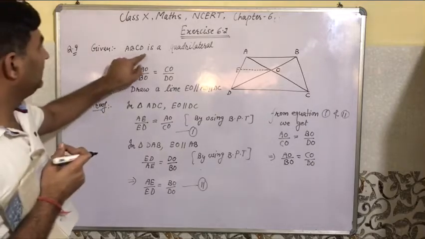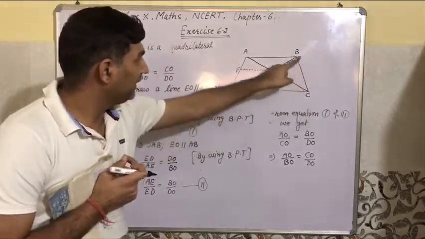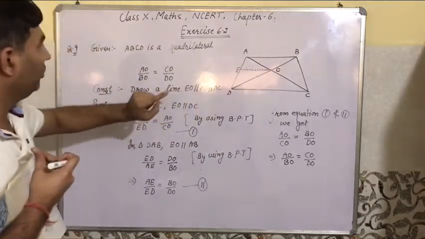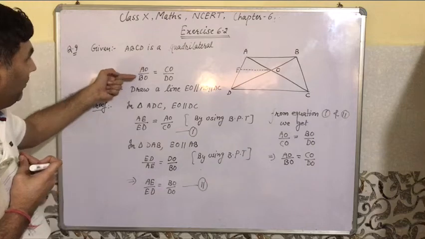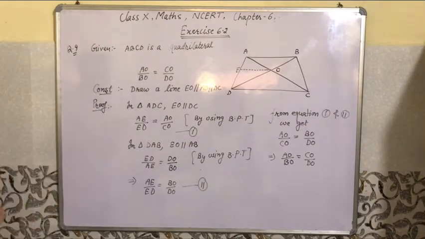AC and BD are the diagonals which intersect at point O.